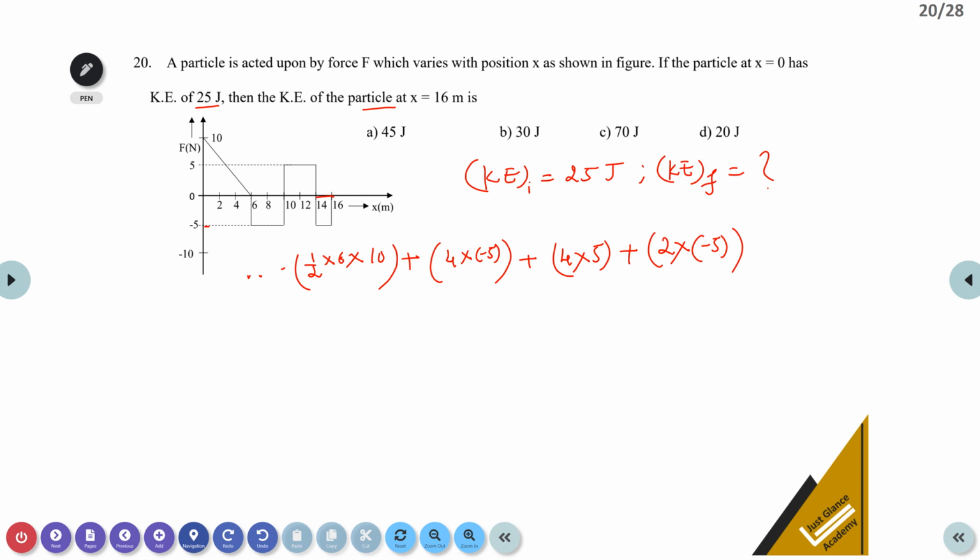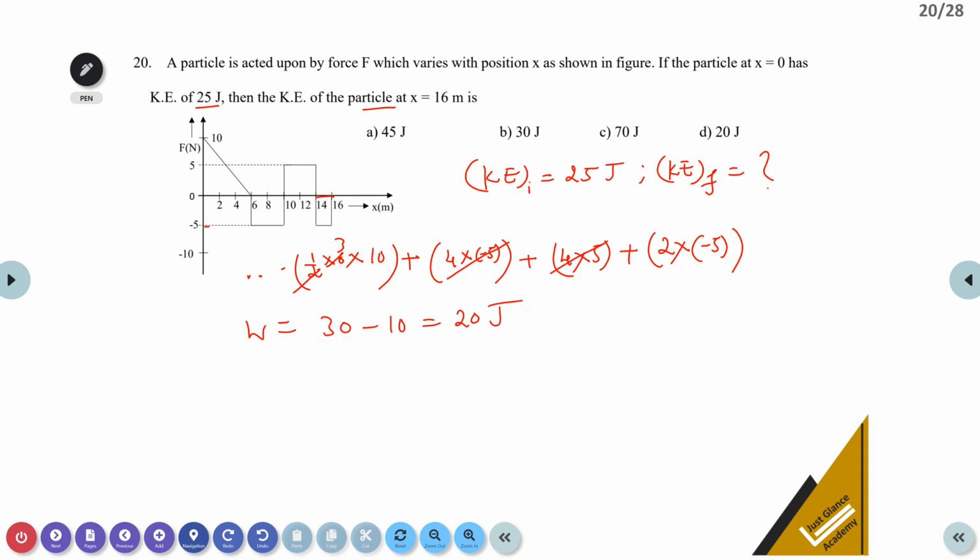So W equals 30, minus 10, equals 20 joules.